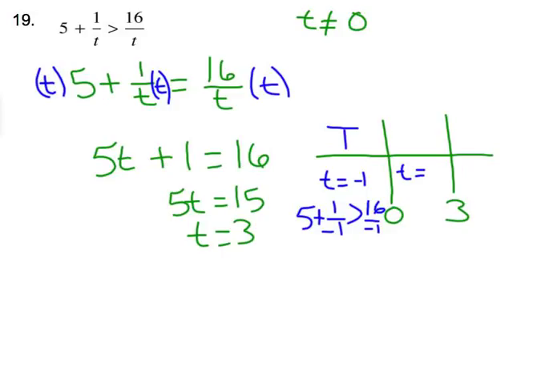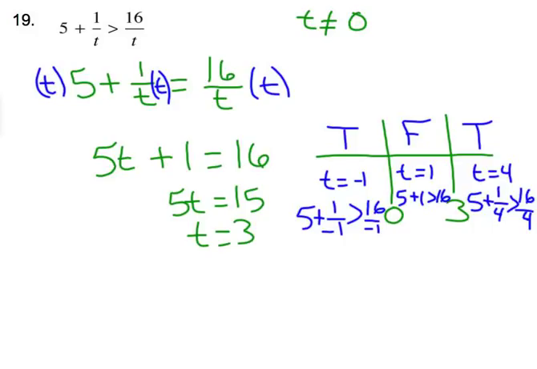When I pick t equal to 1 and plug it in, I get 5 plus 1 greater than 16, but that's false. And now I pick a number greater than 3, so I'm going to pick a 4. So if I put a 4 in there, I have 5 plus 1/4. Is that greater than 16/4? Well, 5 1/4 is greater than 16/4, which is 4, so that's true.